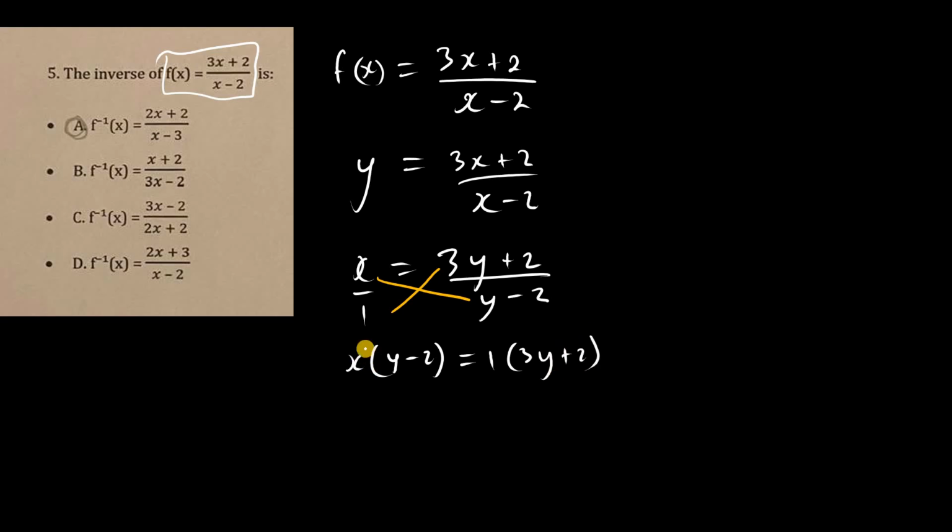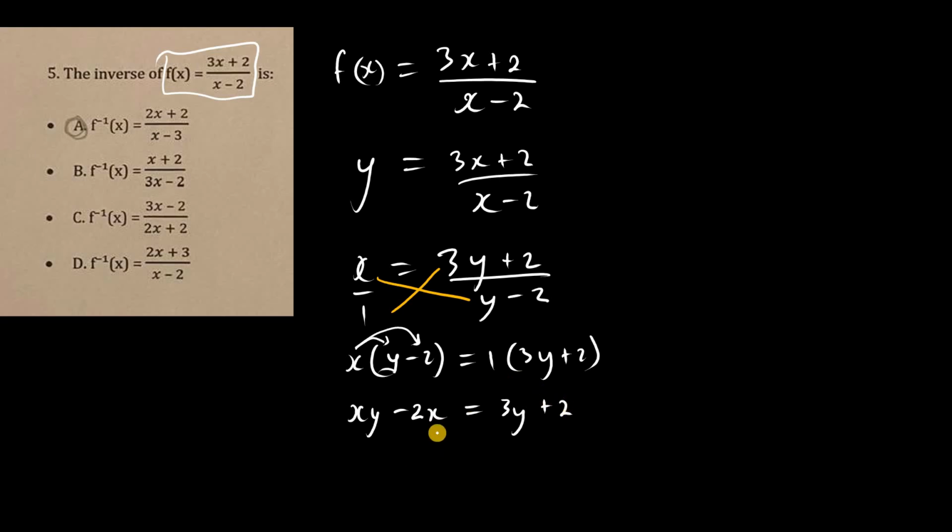Now, x times y by the distributive property, or we call it the distributive law, x times y will be xy, x times negative 2, negative 2x, result. Multiplying 1 by these quantities, we're going to get 3y plus 2. Since 1 is the multiplicative identity, anything times 1 gives you back that same thing.